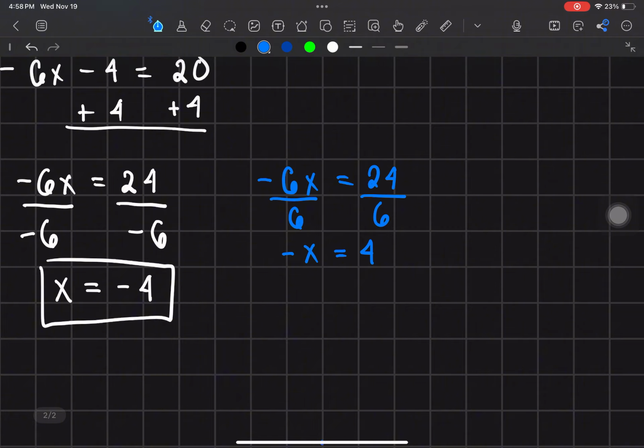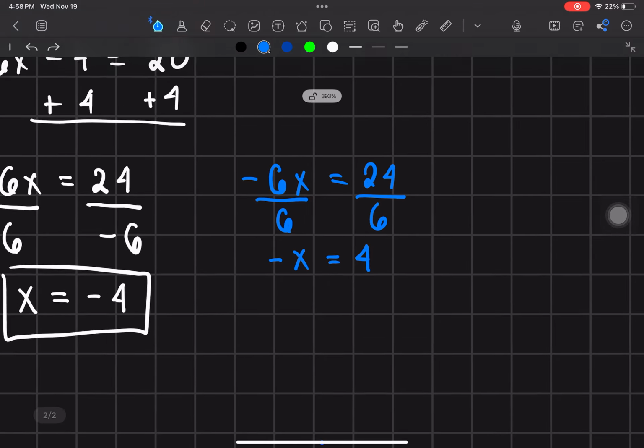So as you can see here, we are left with negative x is equal to 4. If we were solving for negative x, this would be our final answer. However, we want to solve for x alone. Negative x is not x. So how do we get rid of this negative sign?